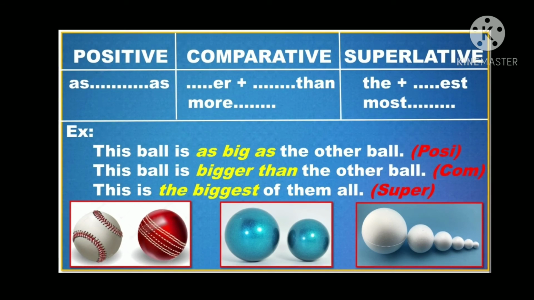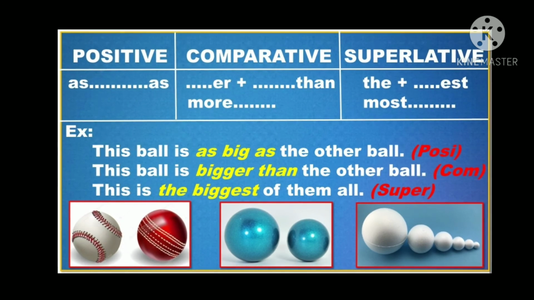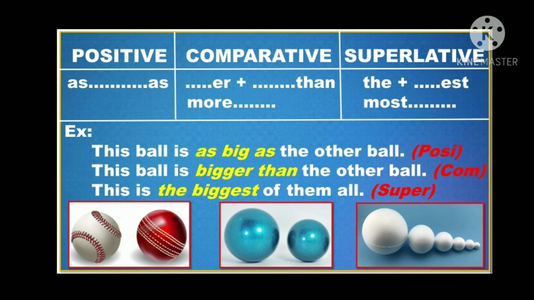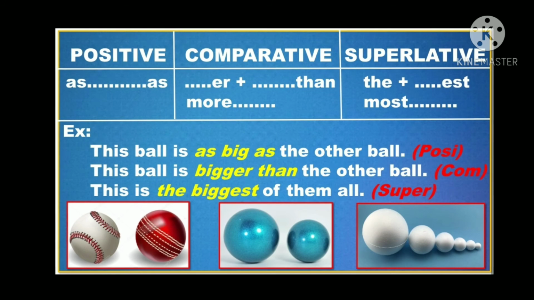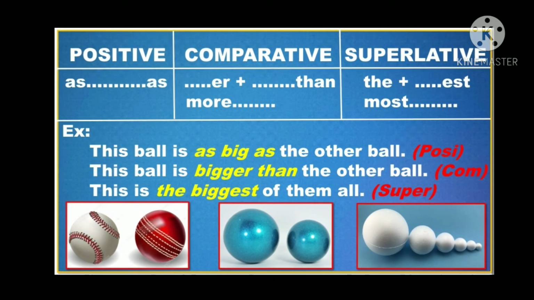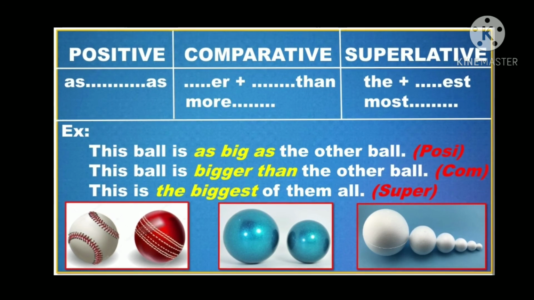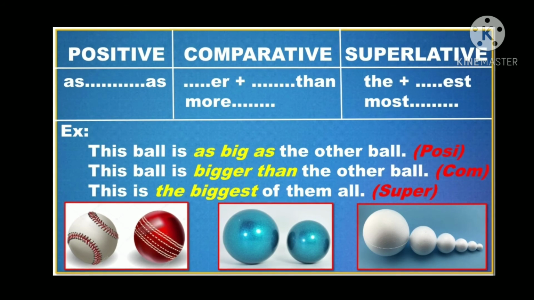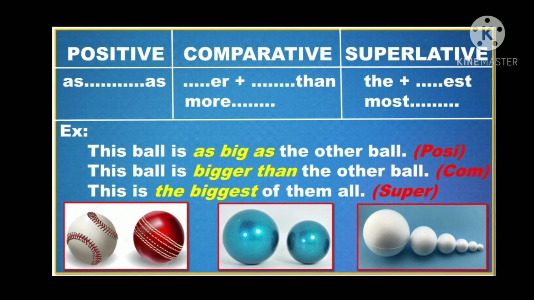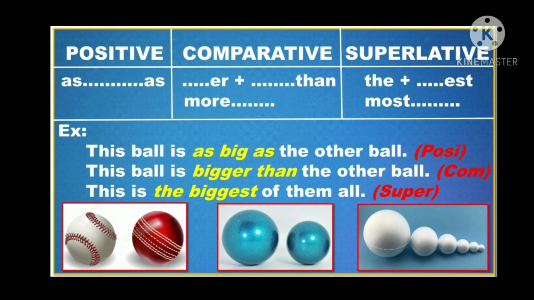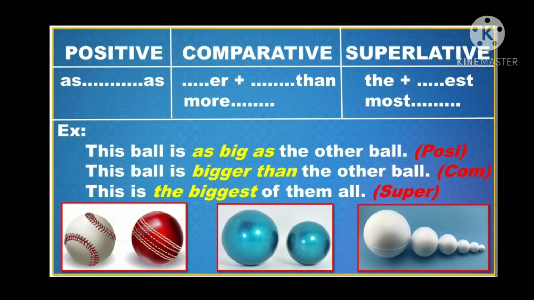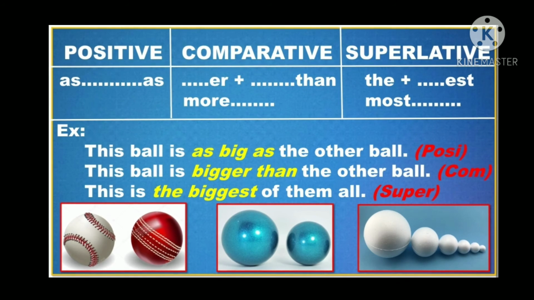Look at the tabular column. Here we are going to see how we can find out whether a sentence is in the positive degree, the comparative degree, or the superlative degree. Look at the first one, positive. Here, if we can see as with the adjective, then that sentence comes under the positive degree. The second one is comparative.